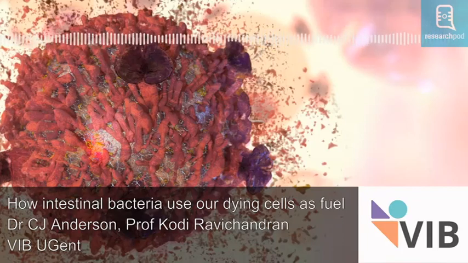Thus, intestinal bacteria appear to have an efficient growth strategy, which exploits the soluble factors that are released from dying gut epithelial cells as a means to acquire food. The team have termed this process Death-induced nutrient release, or DINNER.